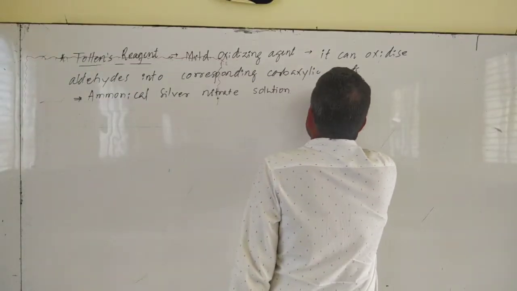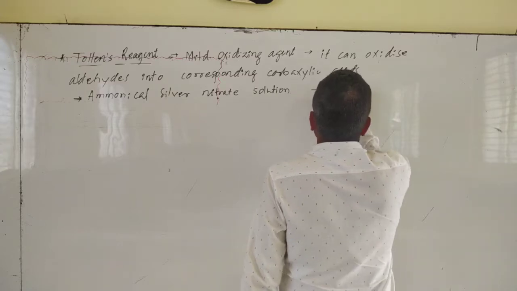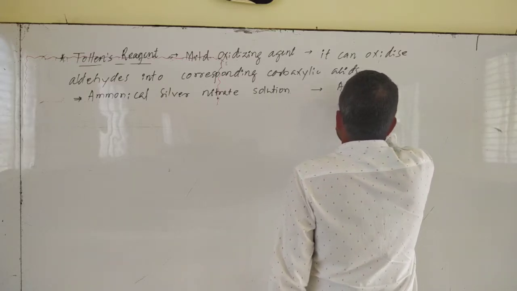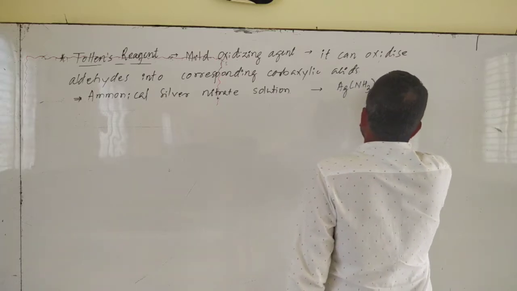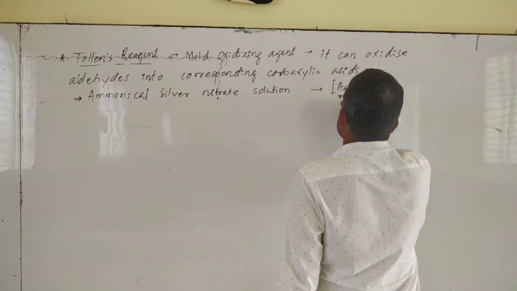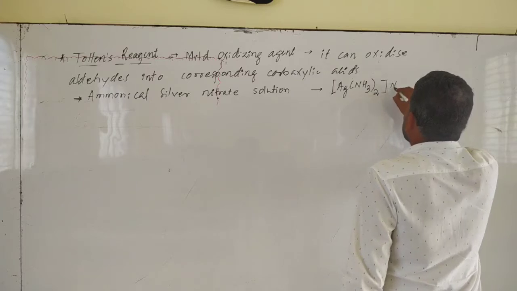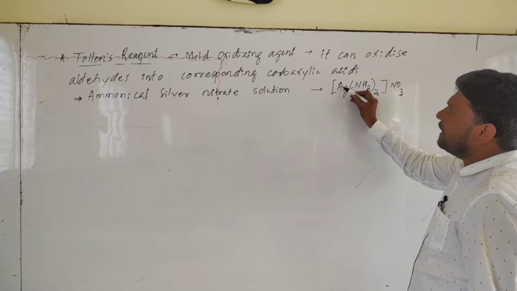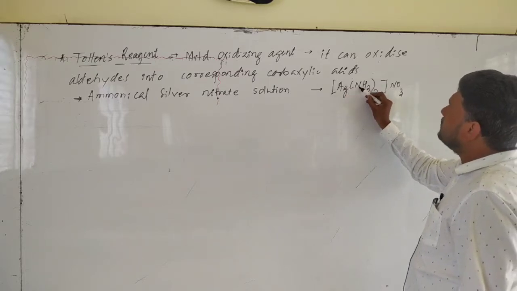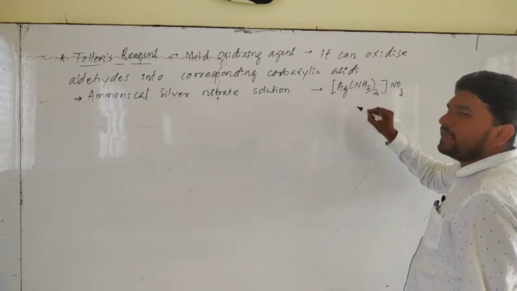How to prepare this one? The formula for this is Ag(NH3)2 NO3. Ag is the central atom. Over here, these ammonia, these are called as ligands.